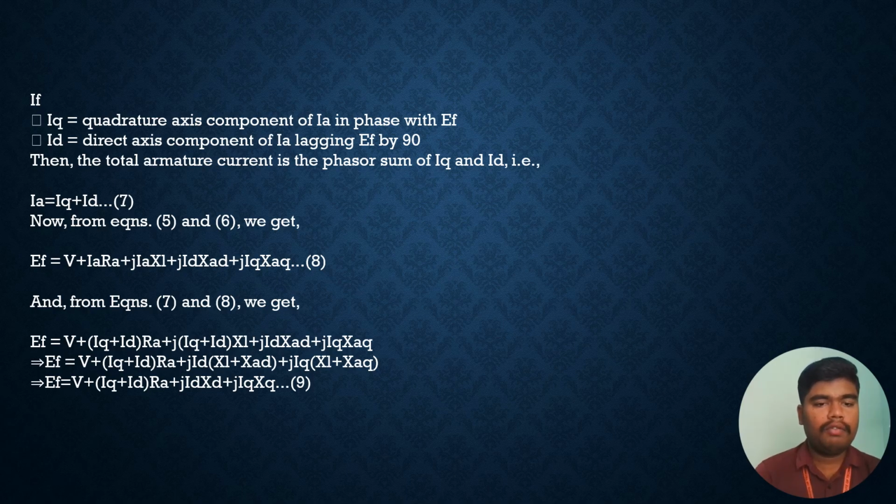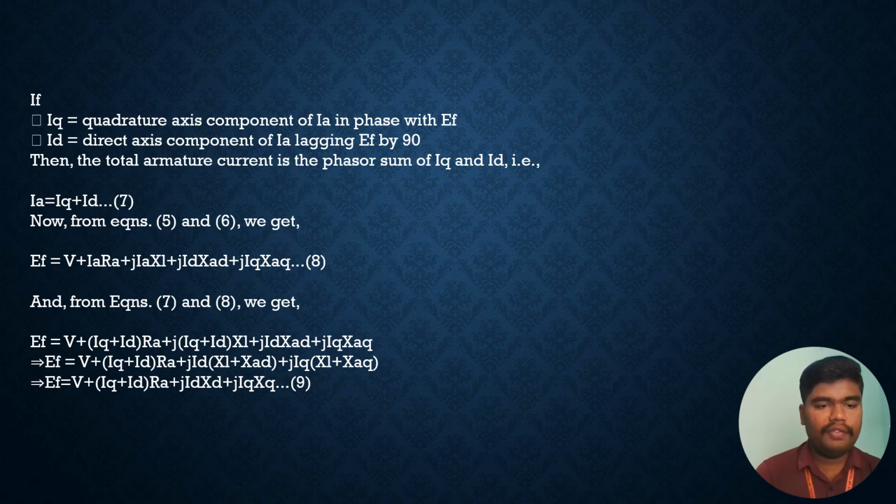Now from equations 5 and 6 we get EF equal to V plus IA RA plus jIA XL plus jID XAD plus jIQ XAQ. This is equation 8. From equations 7 and 8 we get EF equal to V plus (IQ plus ID) RA plus j(IQ plus ID) XL plus jID XAD plus jIQ XAQ.